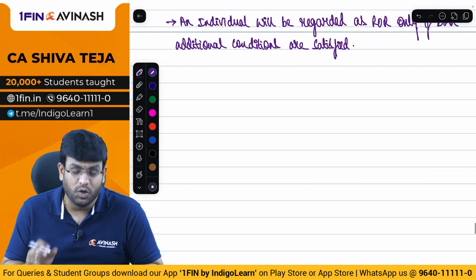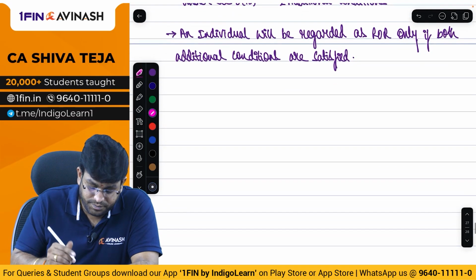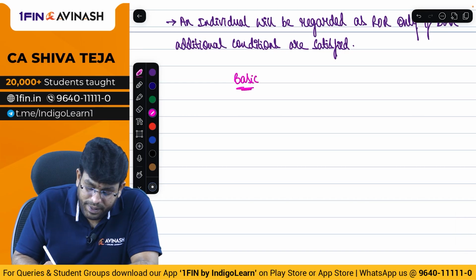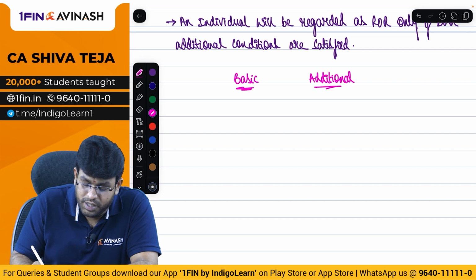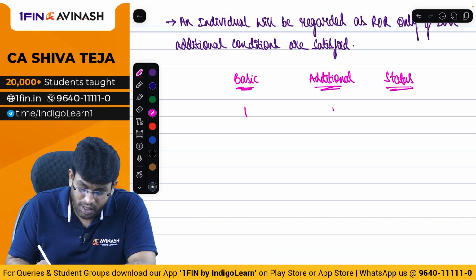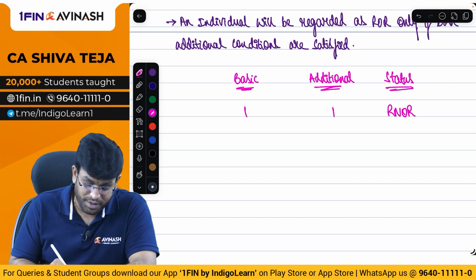Now let me simplify the concept for you. Listen very clearly here. Let us say there are basic conditions, there are additional conditions, and let me write the status. Basic 1 satisfied, additional 1 satisfied: we will treat them as RNOR.